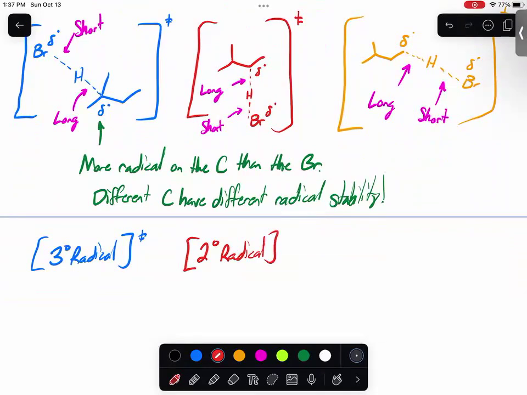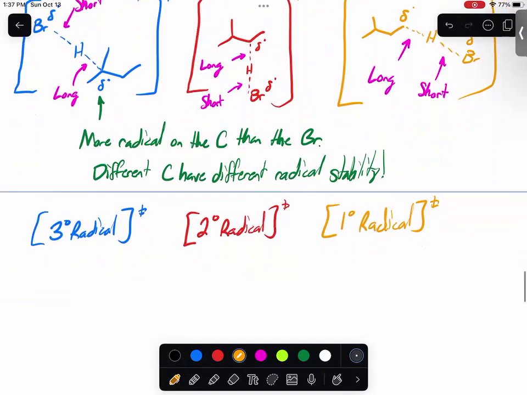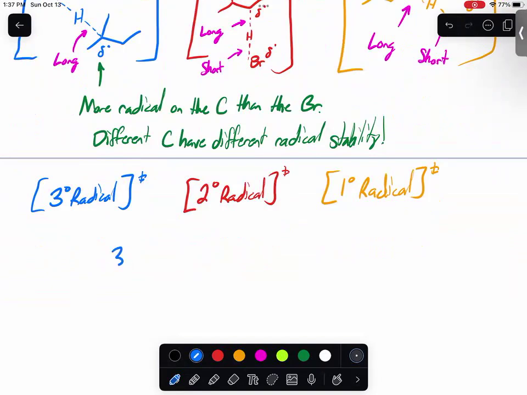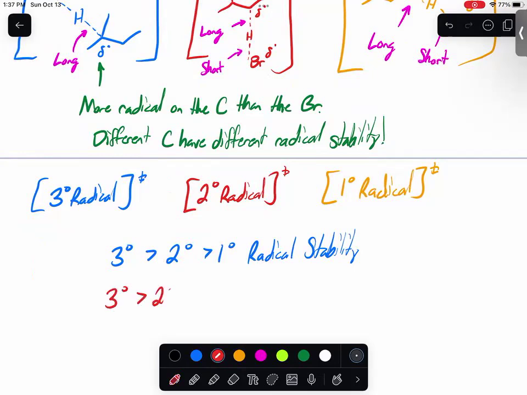And in the third case, we have a primary radical as our transition state. And so what this is showing us is that it's always true that tertiary is better than secondary, which is better than primary for radical stability. But it's also true that tertiary is better than secondary is better than primary for transition state stability.